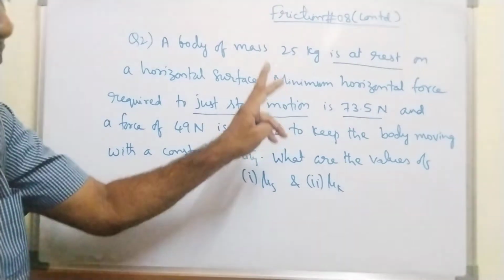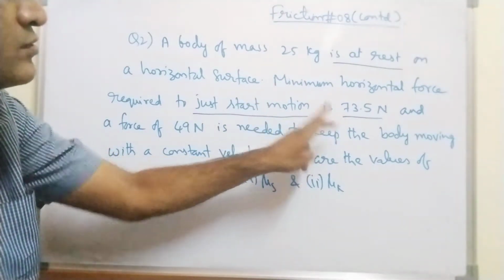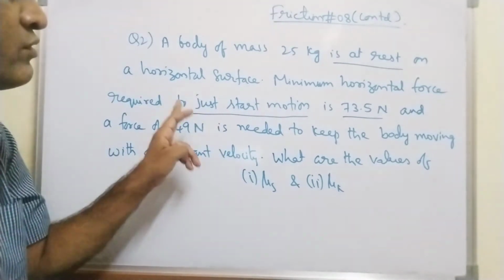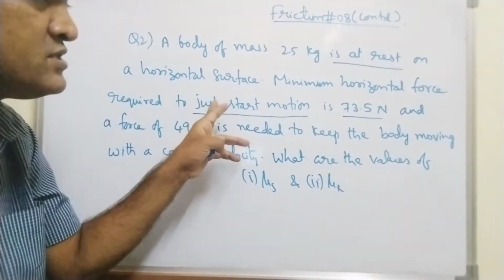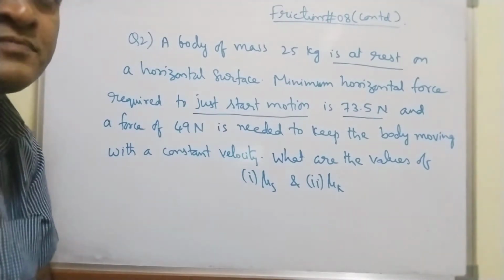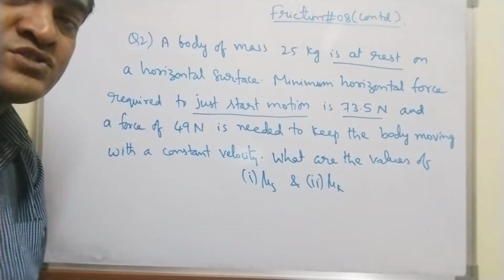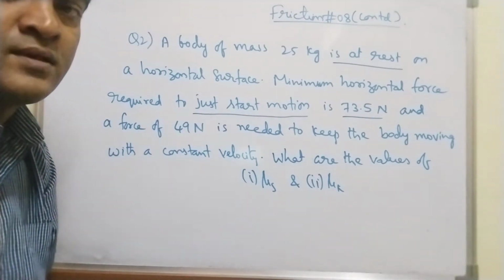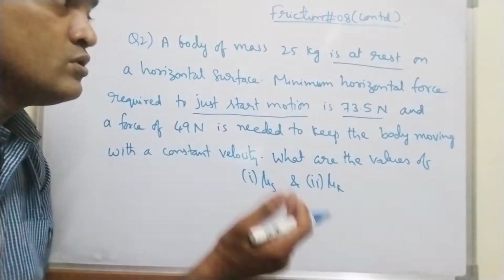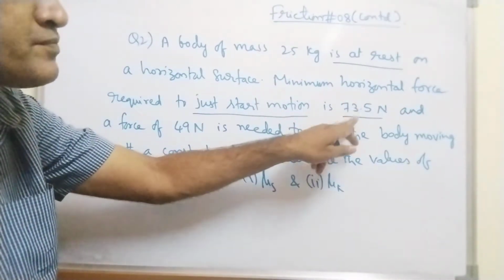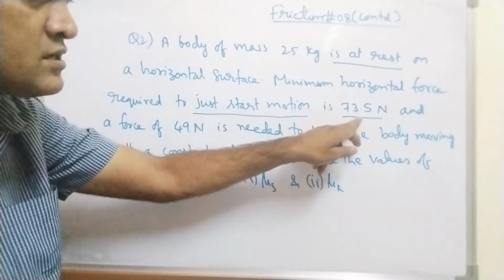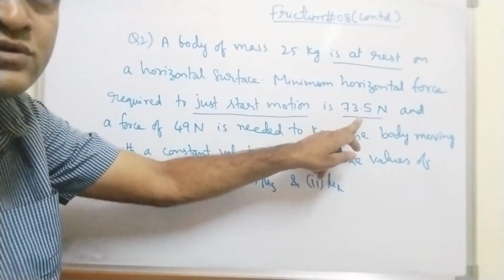This is the value of minimum force required to just start its motion. That means this is nothing but limiting friction, because the body has not yet started. The body is about to move when you apply a force of 73.5 Newton.